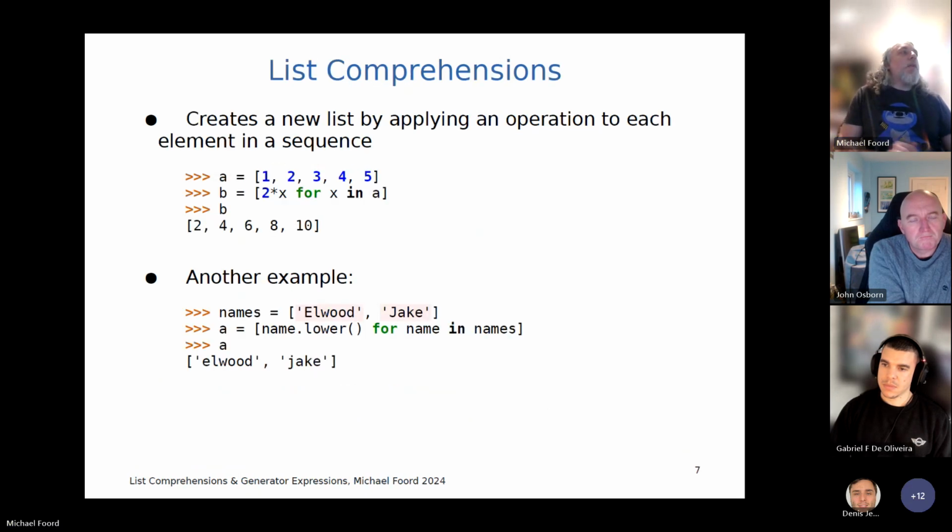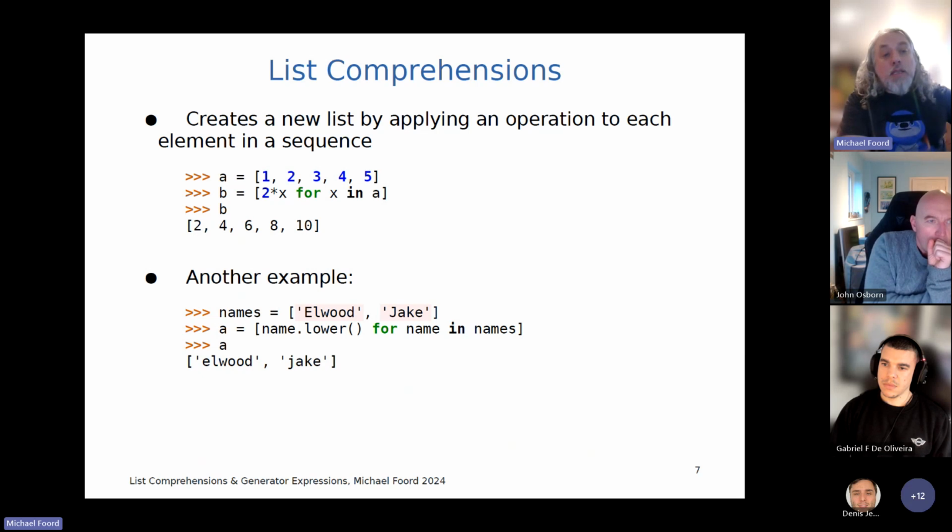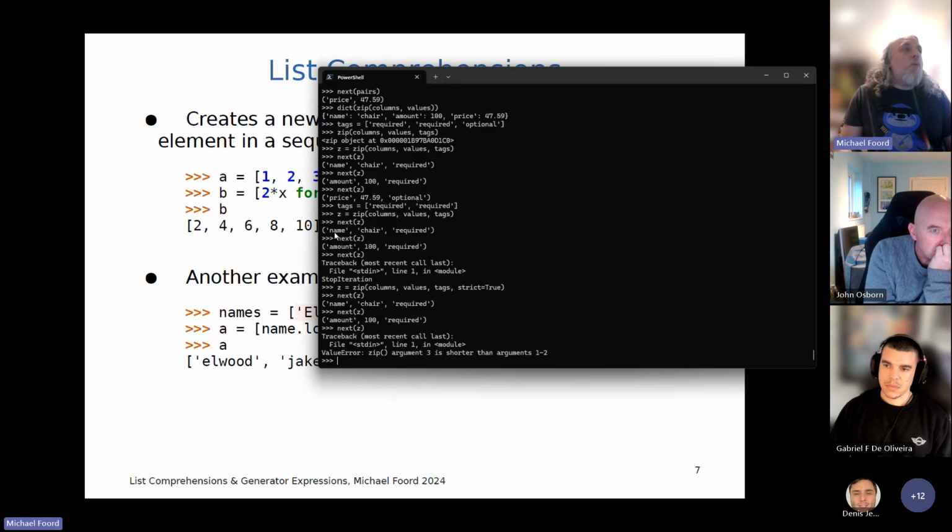Cool. So list comprehensions. List comprehensions are a lovely, concise bit of syntax for doing filtering and transformation in a single expression. So let's say we've got a list of numbers and we want to work out the square of all of these numbers, because that's an obvious thing to do when you've got a list of numbers, right? 1, 3, 4.